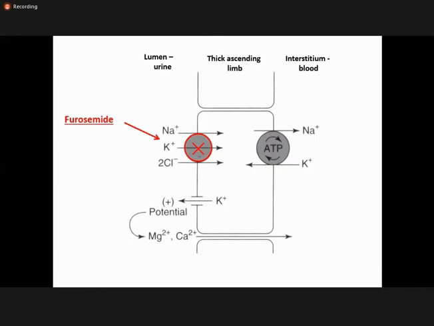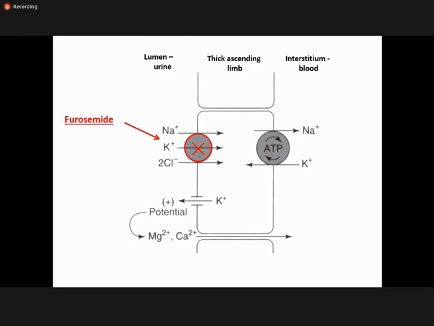The site of action, or on which segment of the nephron it acts: the thick ascending limb of the loop of Henle. That is why it is labeled as a loop diuretic. So this you must know, the site of action. Thick ascending, because the ascending limb consists of two portions, thin and thick segments.